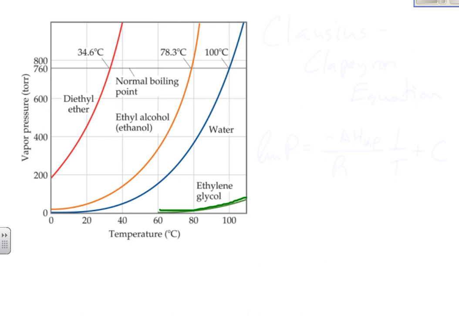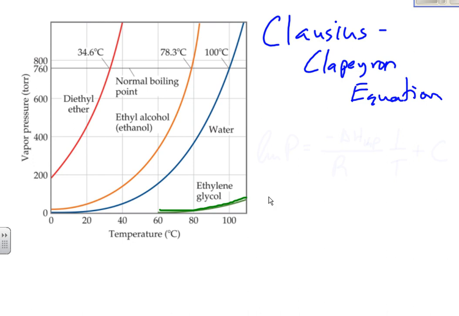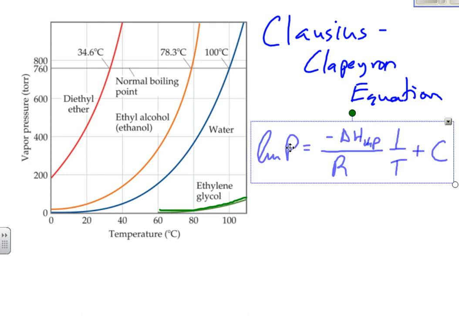Now, these lines, or curves, can be represented by equations. So the Clausius-Clapeyron equation is the one that's used to describe this relationship. So we have the natural log.